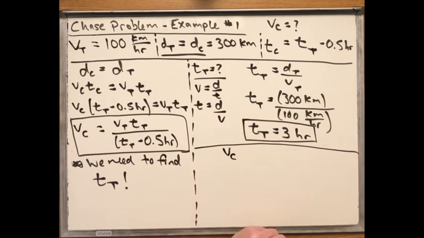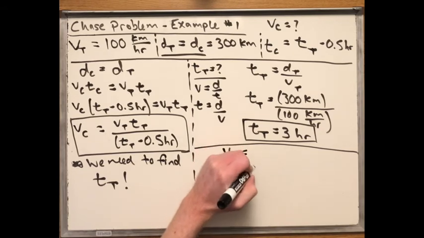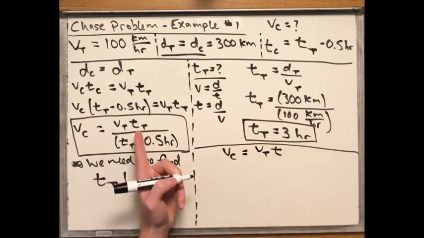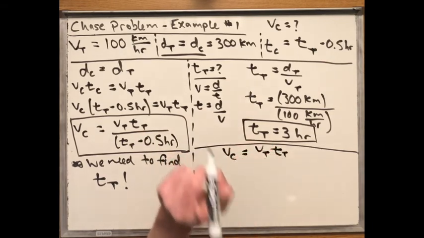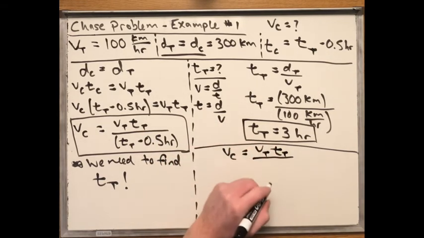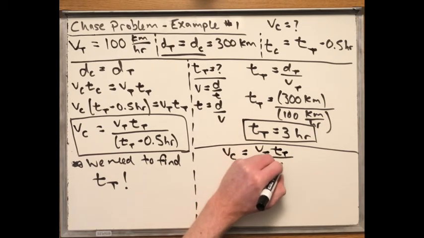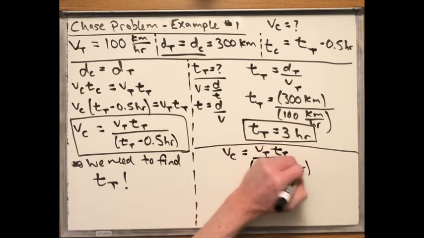We have the speed of the police is equal to VT, speed of the thieves, times the time for the thieves, which we now know, over the time for the thieves minus a half hour.